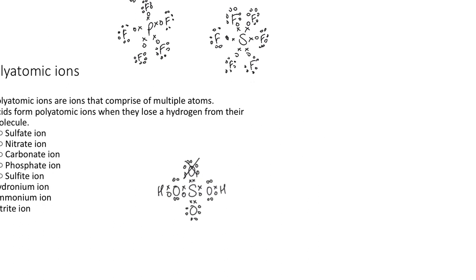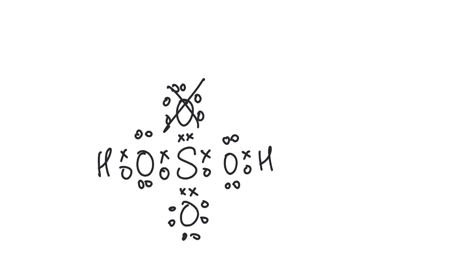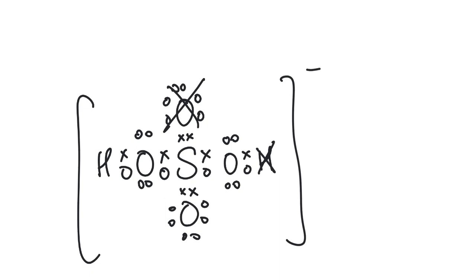Okay, so ignoring that crossed out sulfur, what will happen is that you will lose a hydrogen, and then you'll form a 1- ion. So that's HSO4 minus. Then when you lose the second one, you'll form SO4 2 minus, because there's only going to be the S and the 4 oxygens.